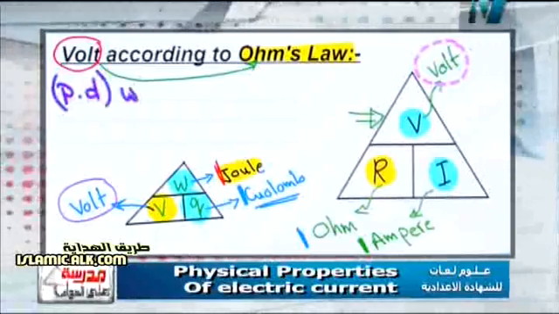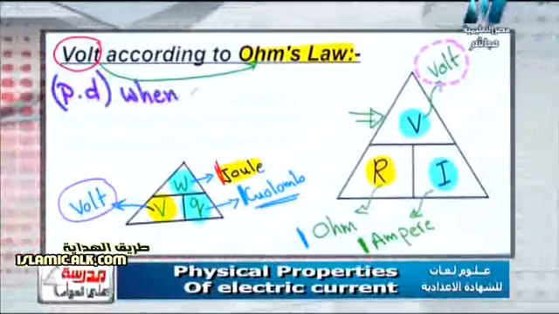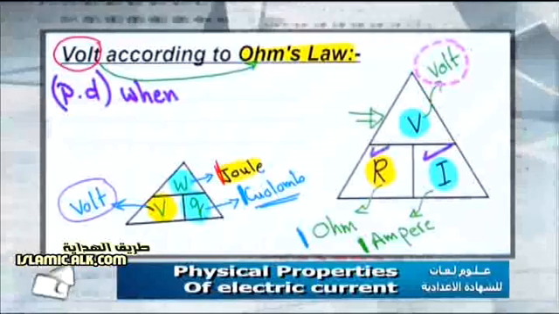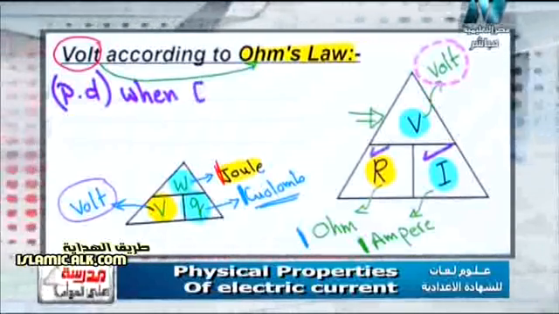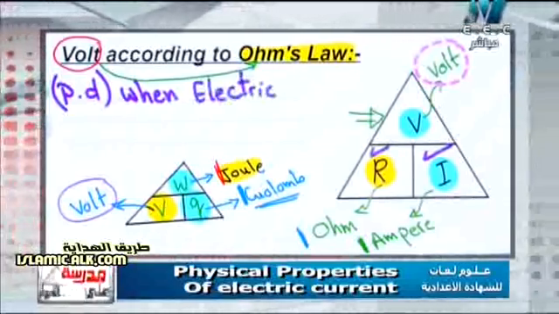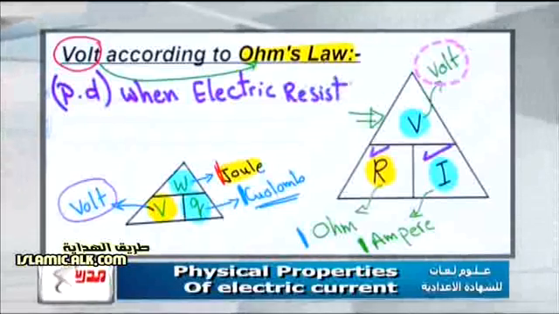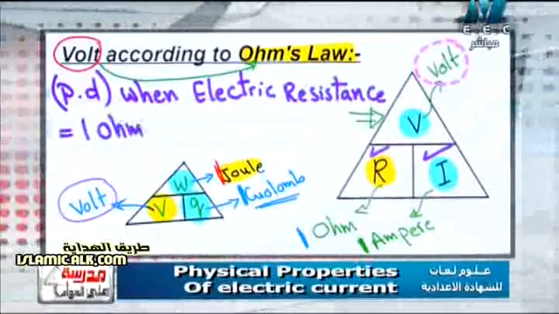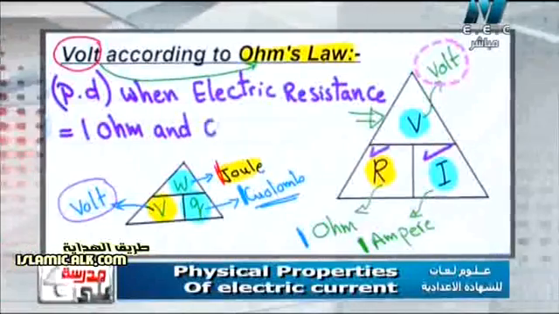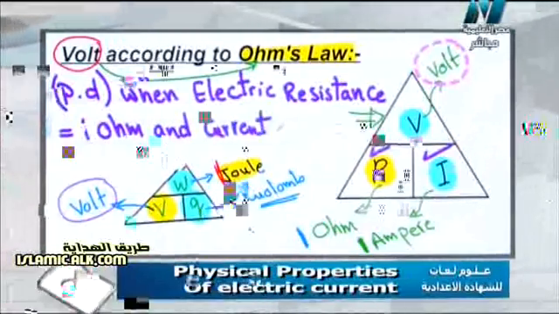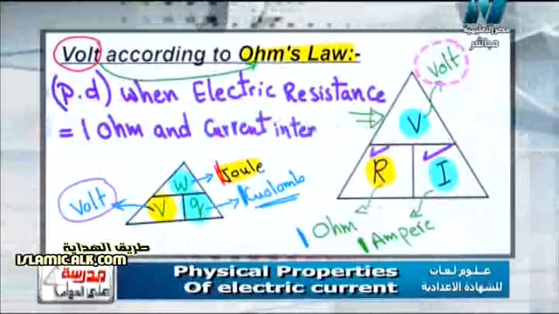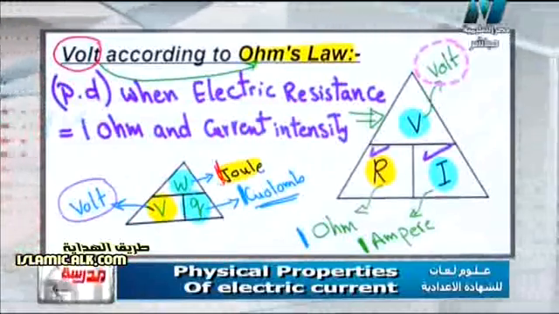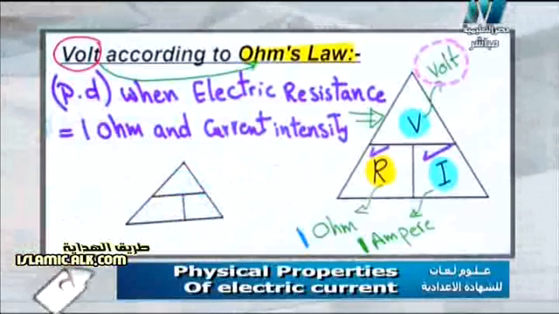when, as you like, we can start with I or we can start with R. When the electric resistance equals 1 ohm and the current intensity equals 1 ampere.